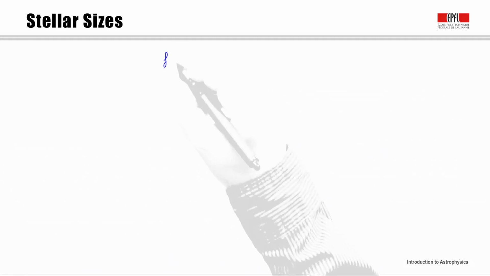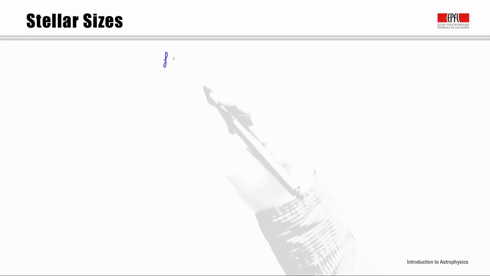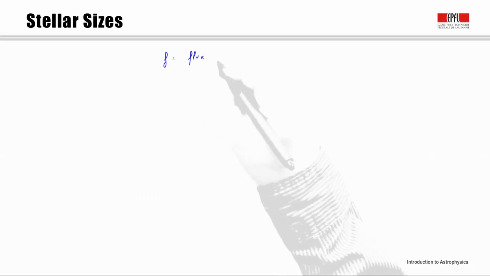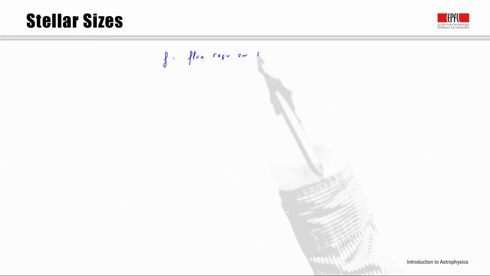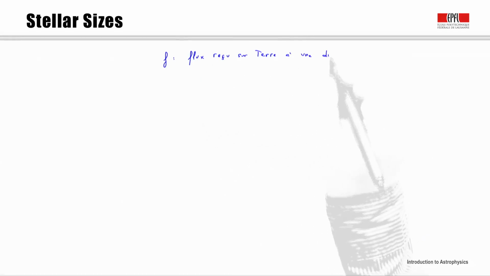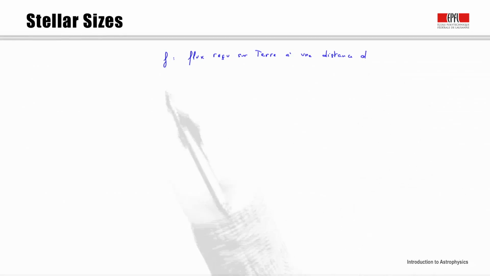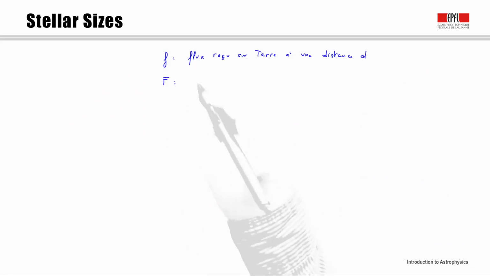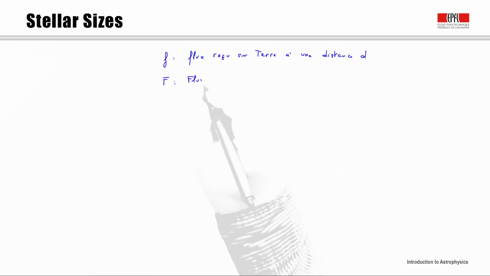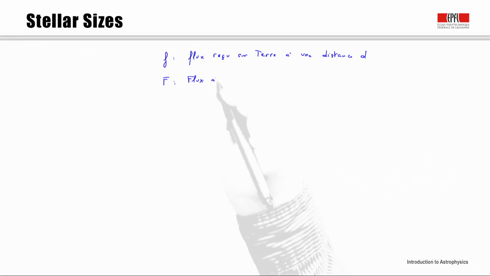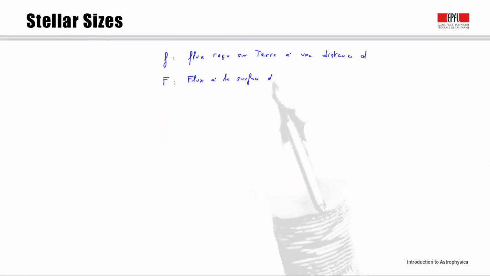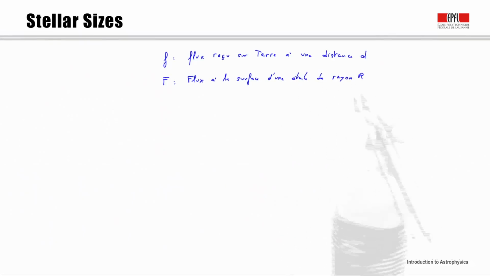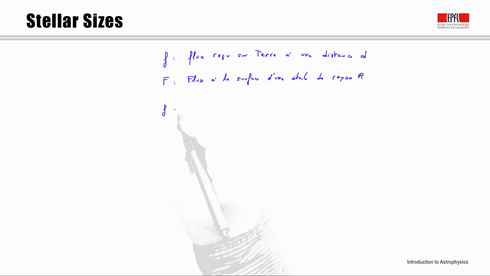To understand this, we can look at the flux received on Earth from a star at a distance d, and compute this flux as a function of the flux on the surface of the star with a radius r, the luminous flux. The two fluxes relate as follows.